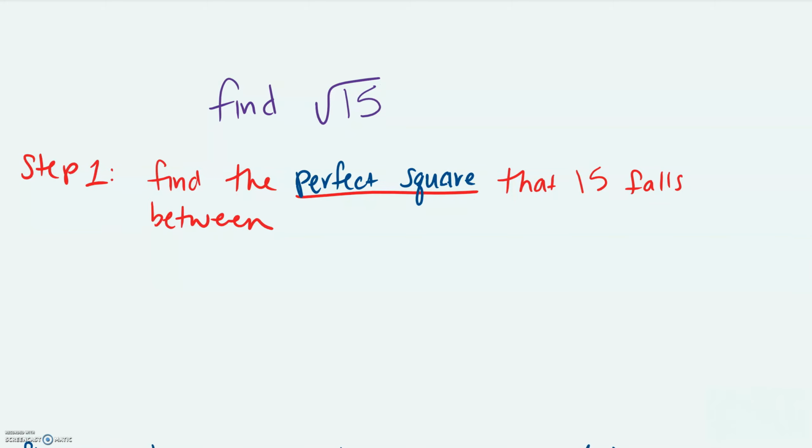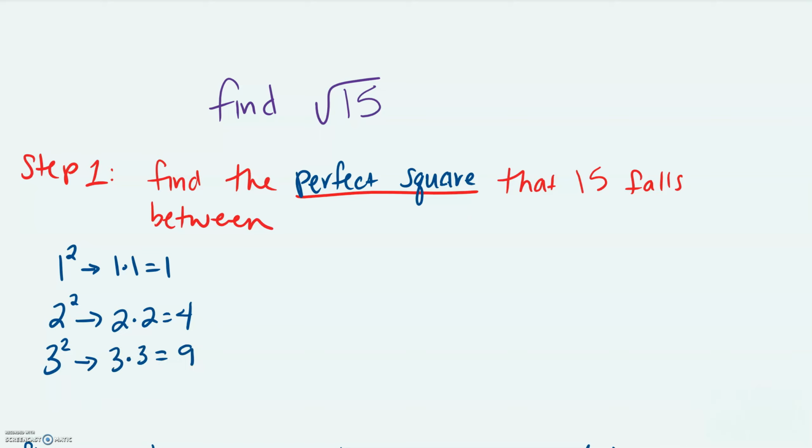We said earlier that 1 squared was 1 times 1, which gave us 1. 2 squared went to 2 times 2, which is 4. Now 4 is not 15. I need to keep going until I get this number to be the same as or greater than the number we're looking for. So let's try 3 squared. 3 times 3 equals 9.